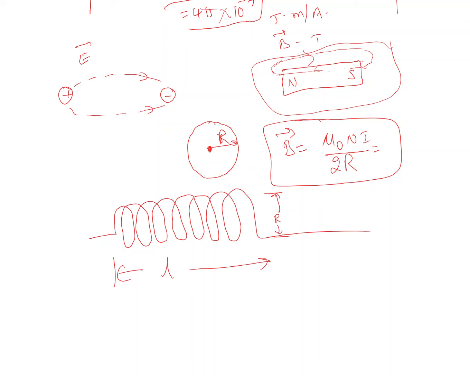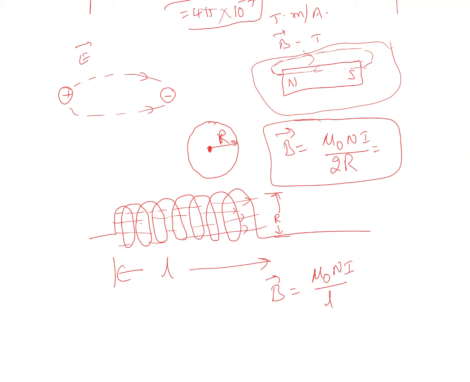The magnetic field anywhere in this coil is going to be constant, and it goes in one direction based on the current flow in the coil. Anywhere, that magnetic field strength is constant, and B equals mu naught n I over L, where L is the length of that inductor. We call this an inductor.